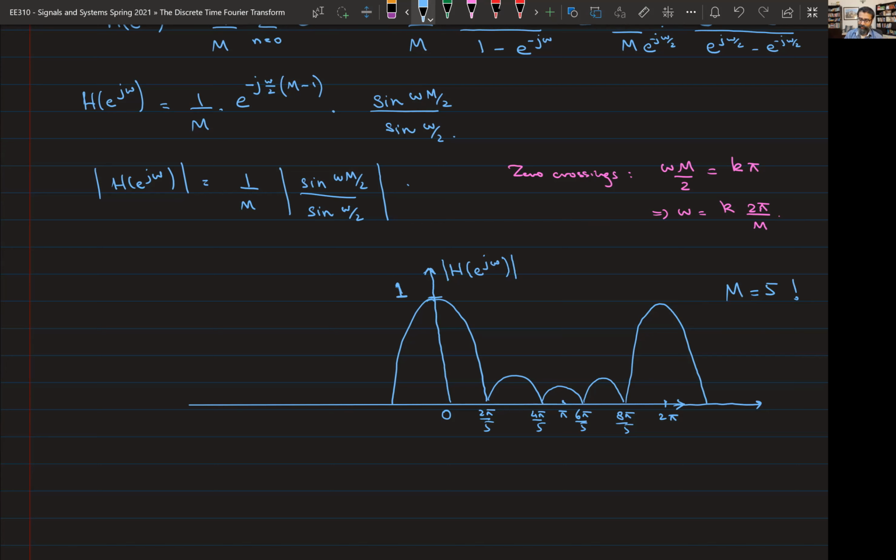Now, the highest peak is at omega equals 0. And the main lobe, which has the highest energy, which is this lobe here, has a cutoff at 2 pi by 5, and 2 pi by m in general.